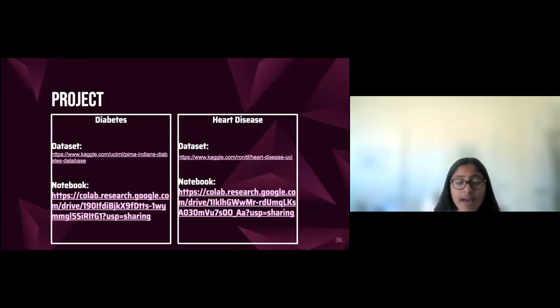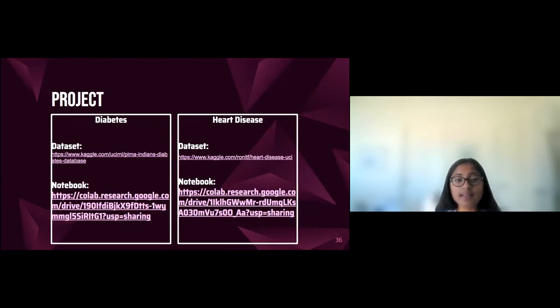So now that we have an overview of different ways in which AI can be applied to biology, and also the theory behind different AI algorithms, I thought it would be nice to go through some case studies of how we would actually code those algorithms and apply them to actual data sets. So before me, I have 2 data sets.